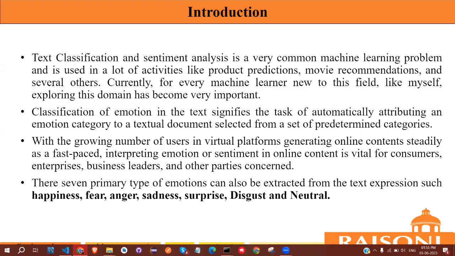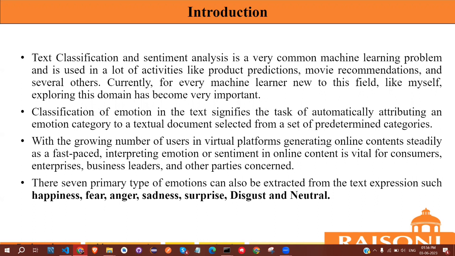Now we are going to explain our project PPT. So, introduction. Text classification and sentiment analysis is a very common machine learning problem, and it is used in a lot of activities like product prediction, movie recommendation, and several others. Currently, for machine learning, this field is new and is an exploring domain.